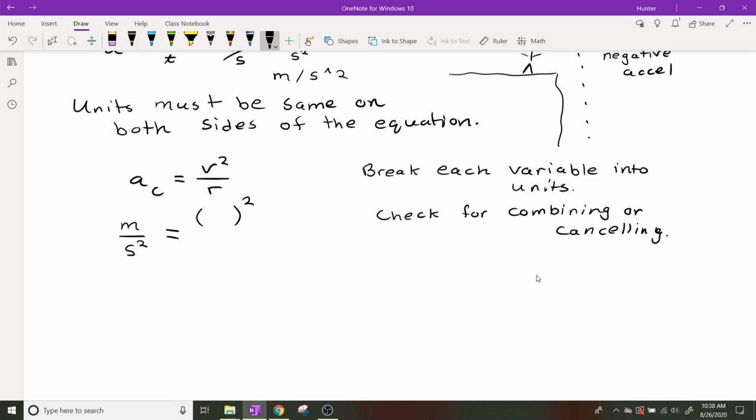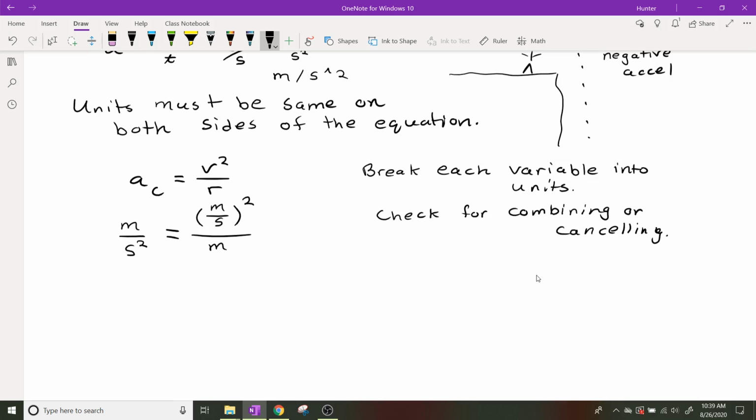Speed is measured in distance over time, meters over seconds, so meters per second in parentheses, squared. And then radius, which is how far away something is in a circle, is measured in distance, which would be meters.